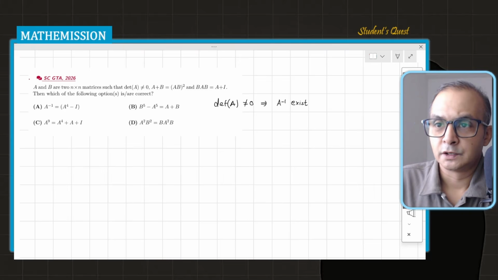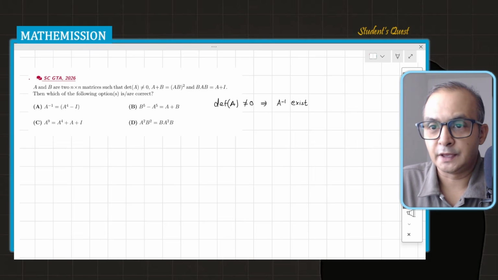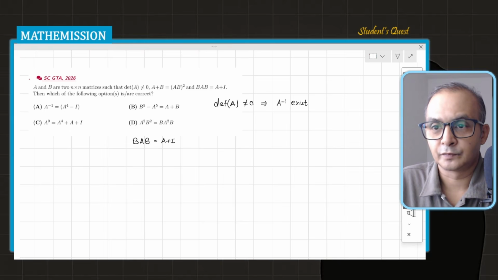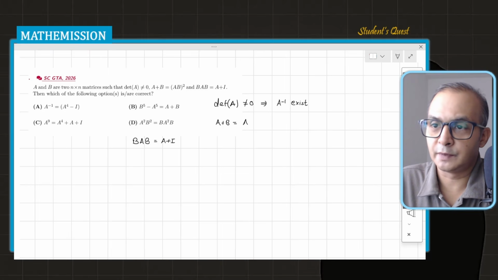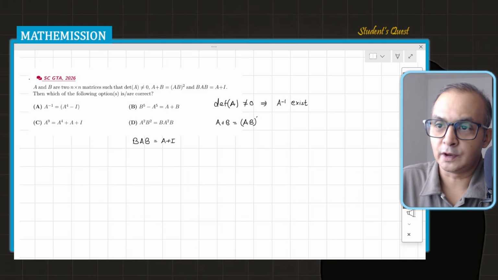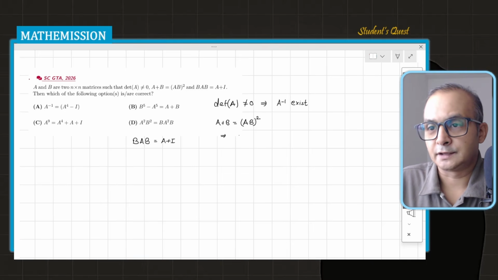So you notice that BAB is A plus I, and also the second one is A plus B is equal to (AB) squared. I can write this (AB) squared as AB times AB.